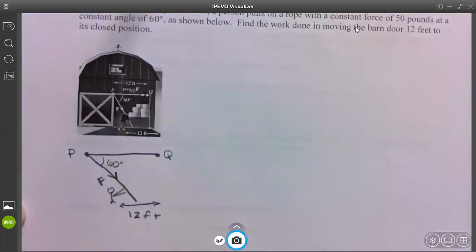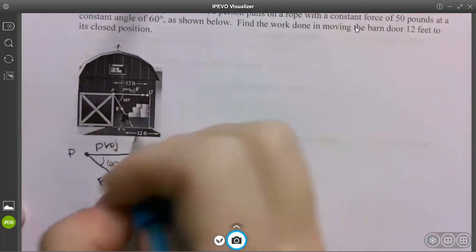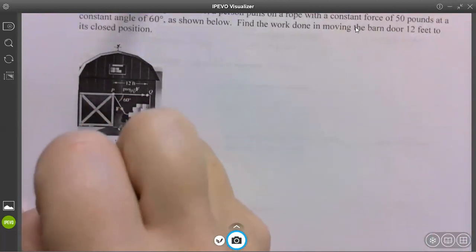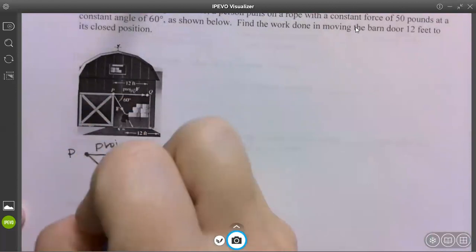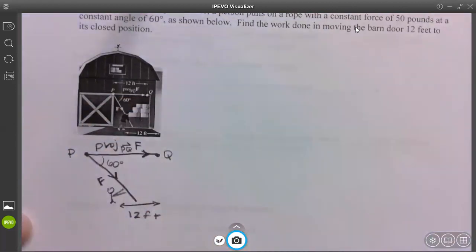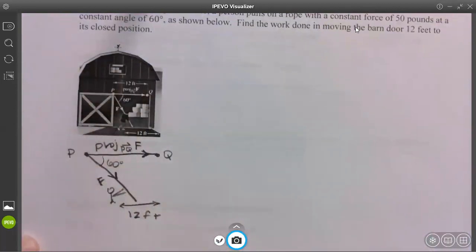This is the force that the man is using to pull down. This is the projected force on the vector of that barn door sliding. Okay, so this is the figure that's here that you can sort of see. If you squint really hard, you can see it.